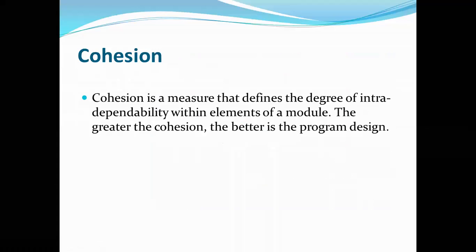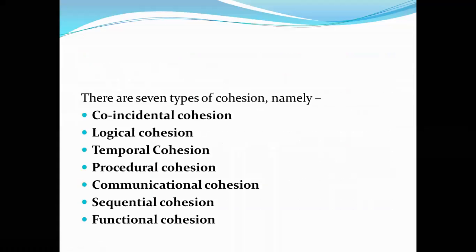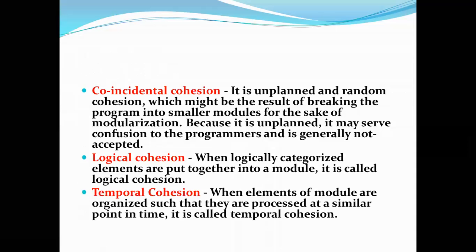The greater the cohesion, the better the program design. There are different types of cohesion. The number of types of cohesion is seven: coincidental cohesion, logical cohesion, temporal cohesion, procedural cohesion, communicational cohesion, sequential cohesion, and functional cohesion. We'll discuss every cohesion here, starting with coincidental cohesion.